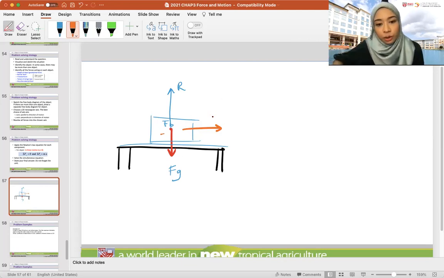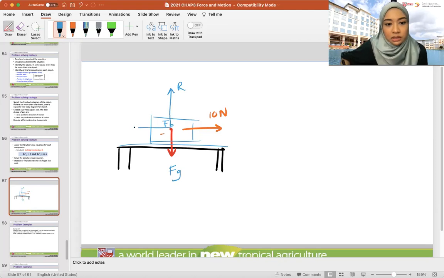If I'm pushing the box to the side, I can say this is a 10 Newton pushing to the side. Therefore, this box will experience friction on the opposing side. If my box punya motion is to the right, friction must oppose that motion. Always terbalik. Kalau letak friction kat sini, salah. You cannot have friction in the same direction as your motion because tujuan hidup friction ni adalah untuk oppose motion.